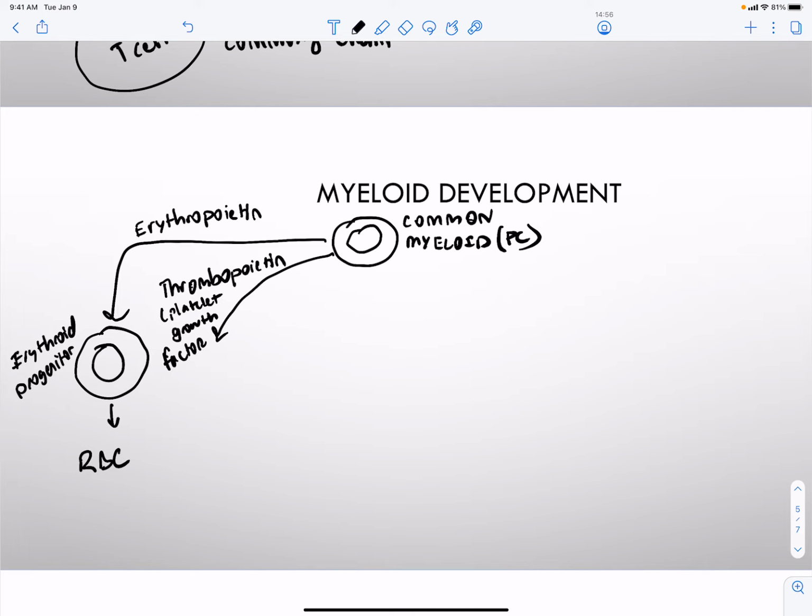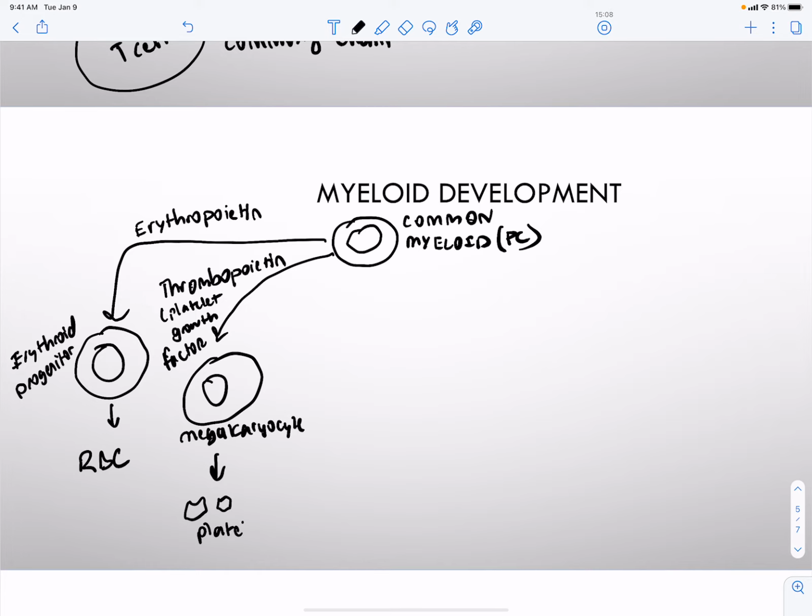And this will give you your megakaryocyte, which will release platelets. And then you have your myeloid. You have your myelomonocytic progenitor cell. And we'll continue with this one on another page.